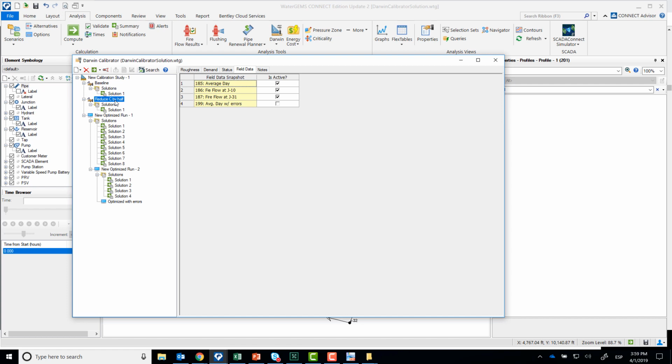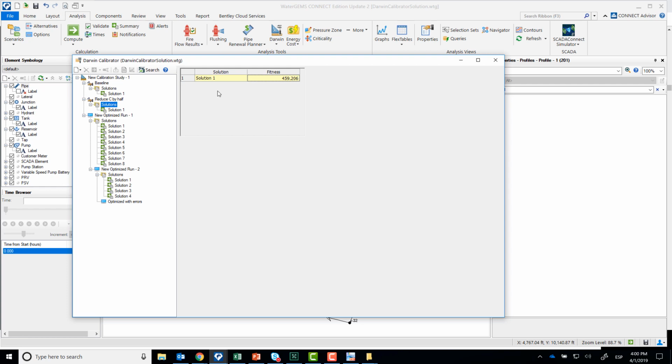So that was what we did, and we said, okay, multiply the roughness by 0.5, don't do anything to the demands, and use the field data for the 3 conditions. Okay? And it gives us a fitness of 459.